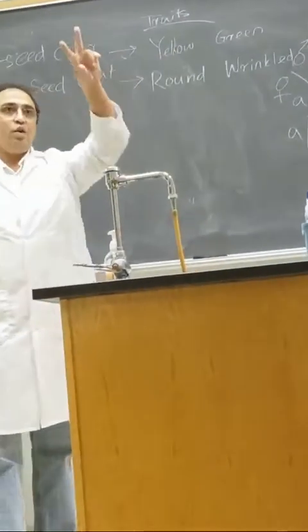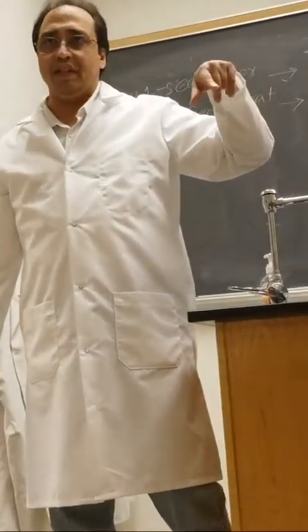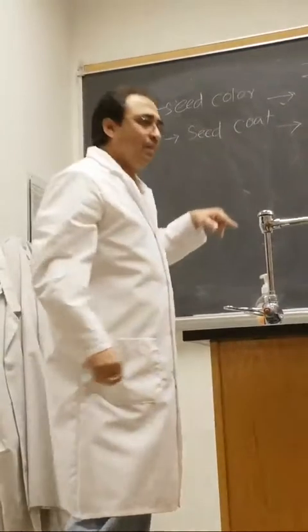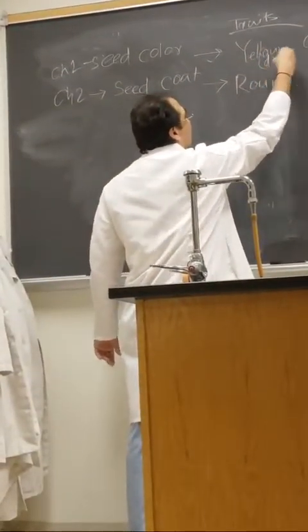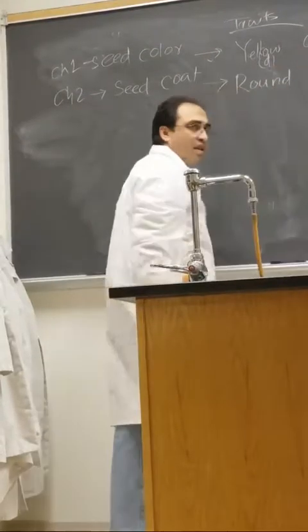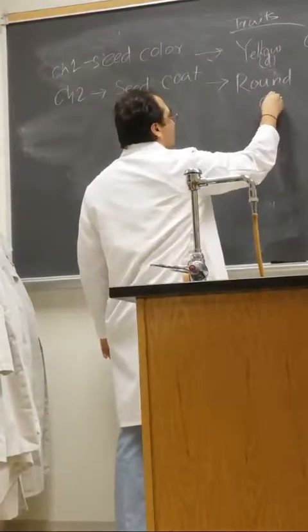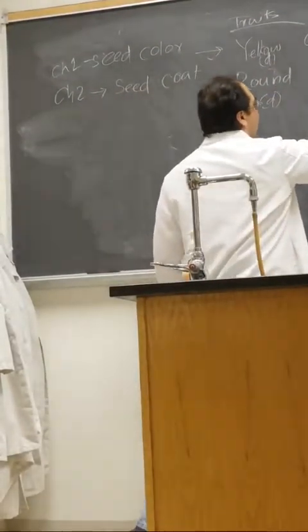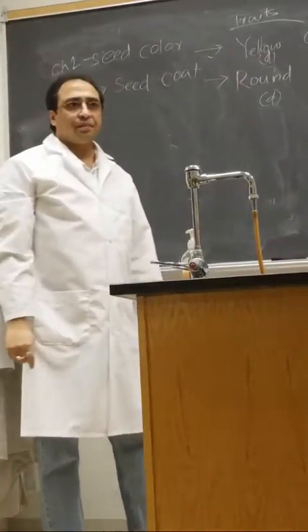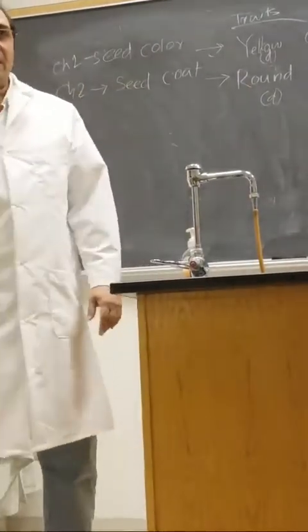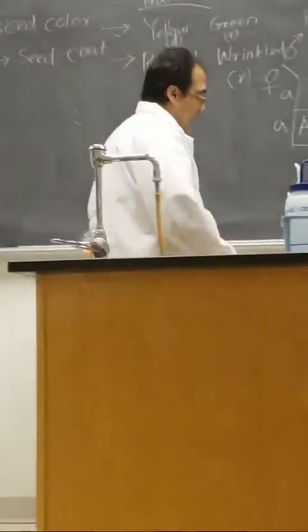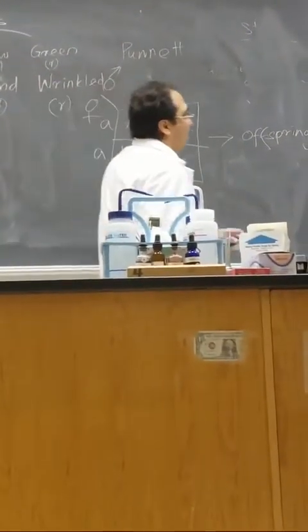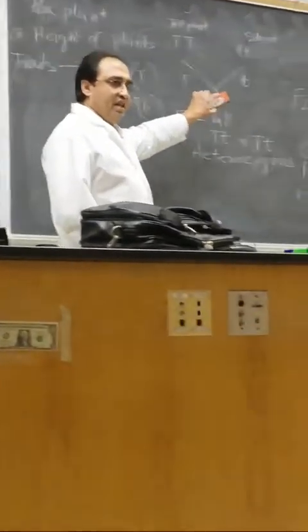Now, if there are two traits, we need to think about which one is dominant and which one is recessive. Here, yellow is dominant over green, recessive. And here, round is dominant over wrinkled, recessive. Now we need to take the genes for those two. I think this is over, right?